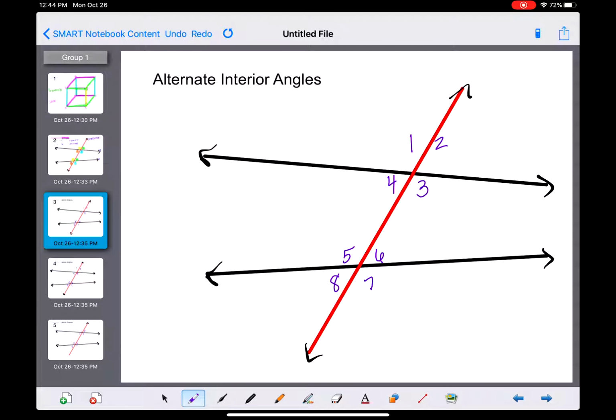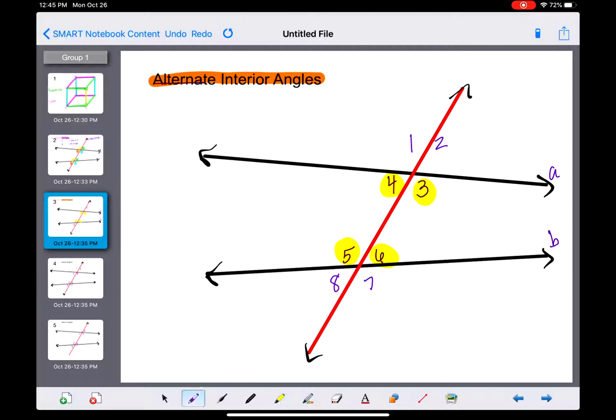The next set of angles that we're going to be talking about are alternate interior angles. So to alternate means that we're on opposite sides and we want to be on the interior. We have 4 interior angles, which means they're on the insides of line A and line B. Our interior angles are angles 3, 4, 5, and 6. To alternate means that they go on opposite sides and opposite lines of our transversal.